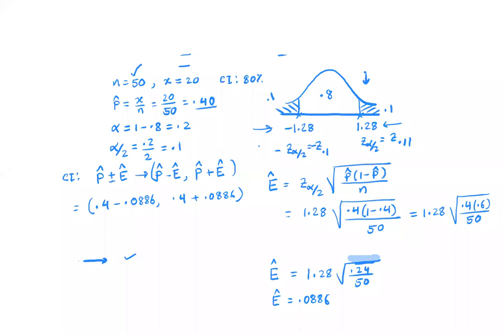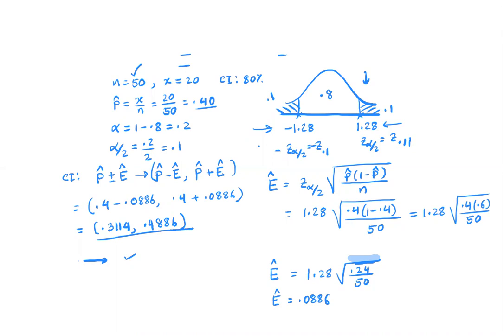So 0.4 minus 0.0886 is 0.3114, comma, 0.4 plus 0.0886 is going to be 0.4886, and that should be your confidence interval.